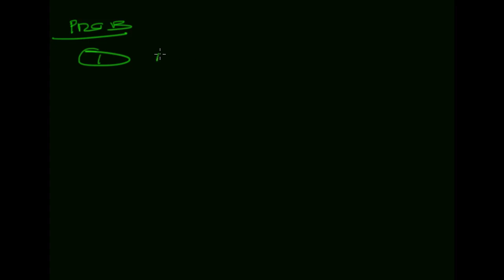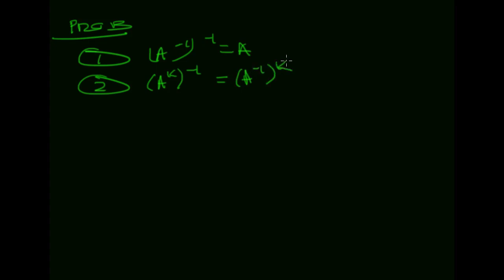One, this seems pretty trivial, but if you take the inverse of an inverse, you get back the matrix. That's not all that off the wall. Two, if I take A times itself k times and invert it, that's the same as A inverse times itself k times. You can stop and do that. That's an inductive kind of argument.